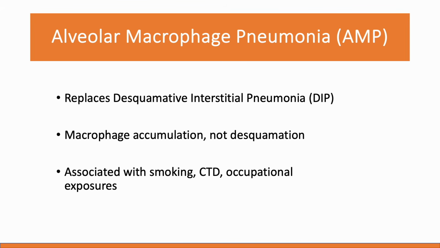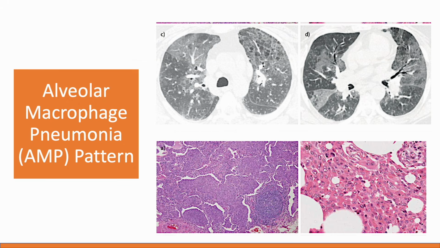So, the name has been changed to alveolar macrophage pneumonia. Again, like RBILD, a lot of these cases are smoking related, but it can also be idiopathic, it can also be secondary to other causes like CTDs or occupational dust exposure, and also smoking. This is the alveolar macrophage pattern.